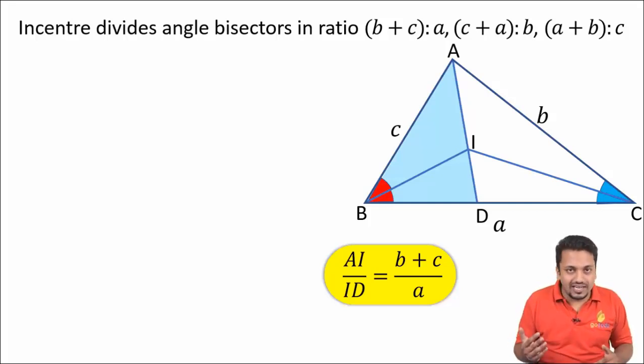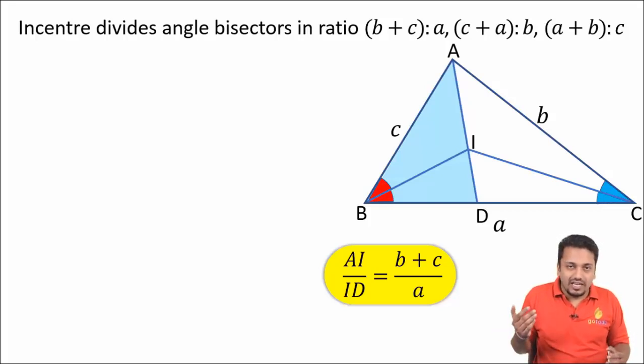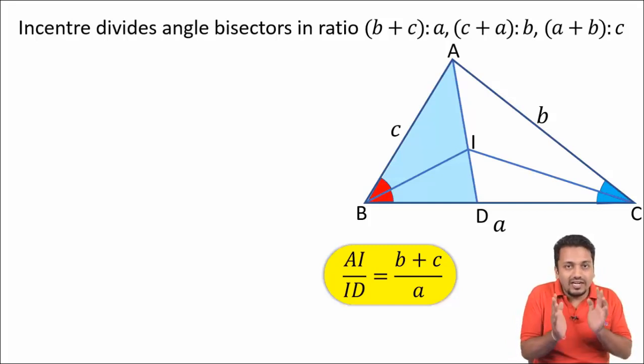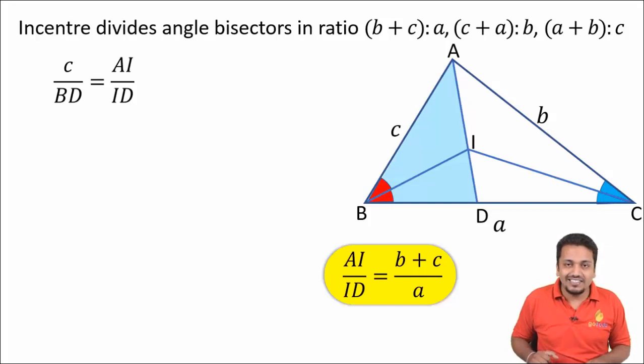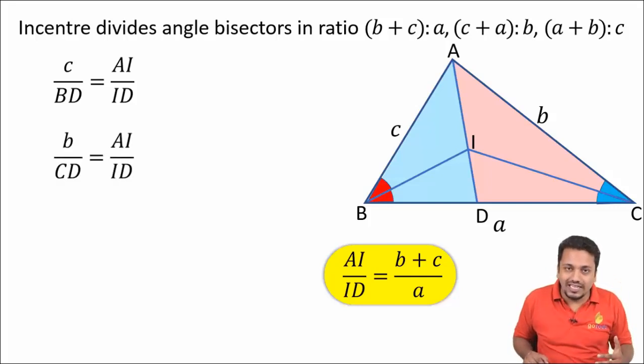So as BI is an angle bisector, by the angle bisector theorem, we can write C upon BD is equal to AI upon ID. Similarly, in this red triangle, CI is an angle bisector. So you can write B upon CD is equal to AI upon ID.